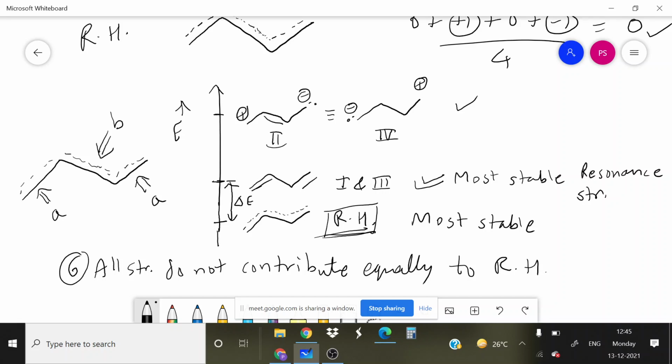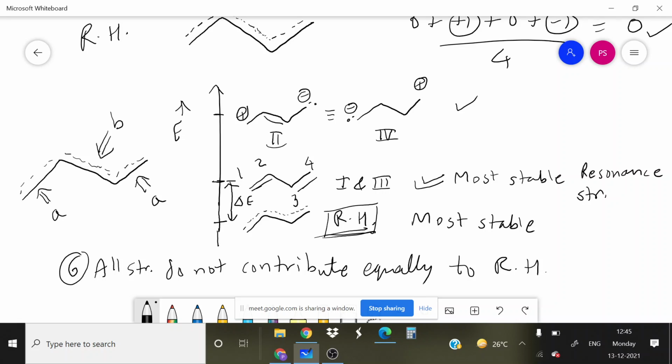Yes. And the double bond is present in the first and third. Okay. So double bonds are there in between the first and second carbon and in between the third and fourth carbon in the most stable structure, and their contribution is more.